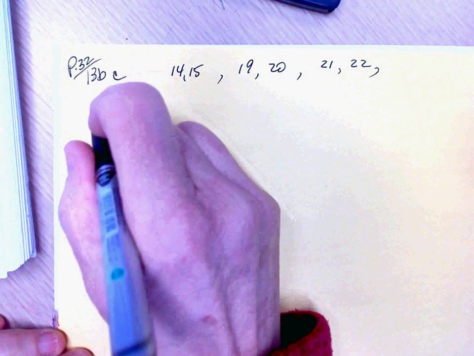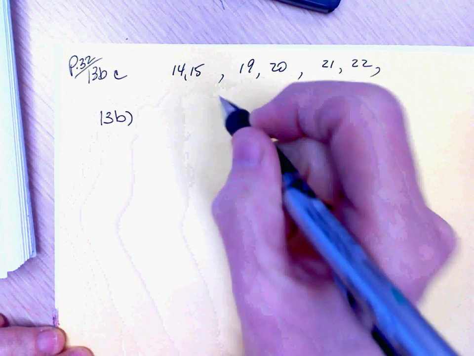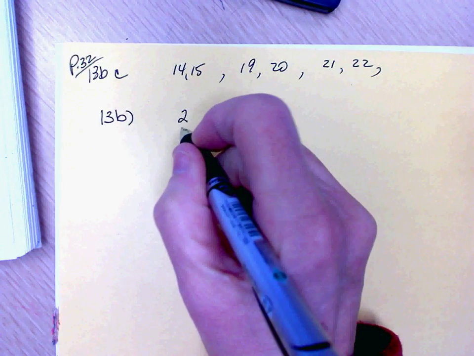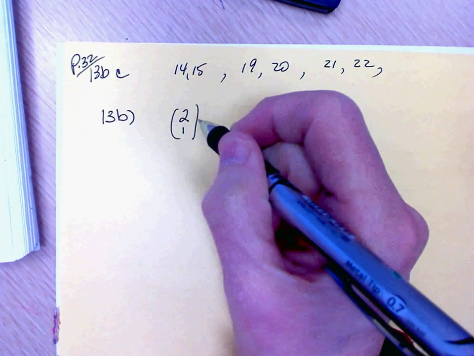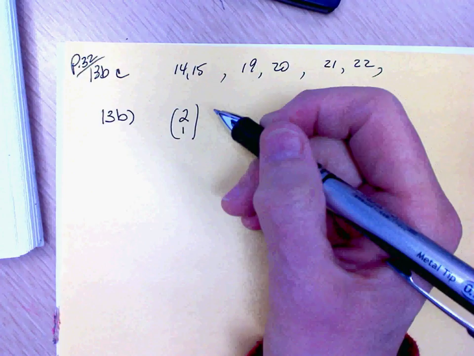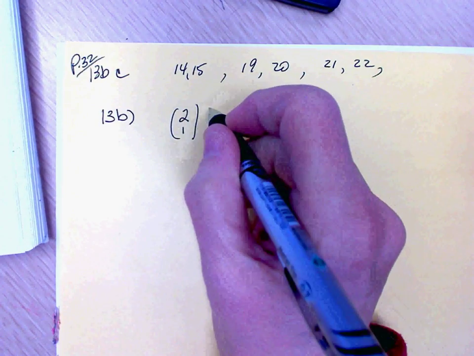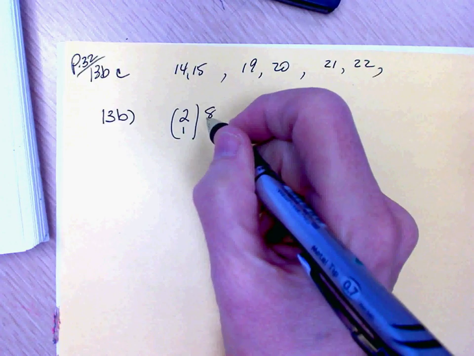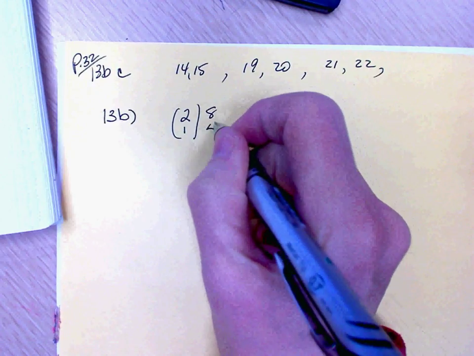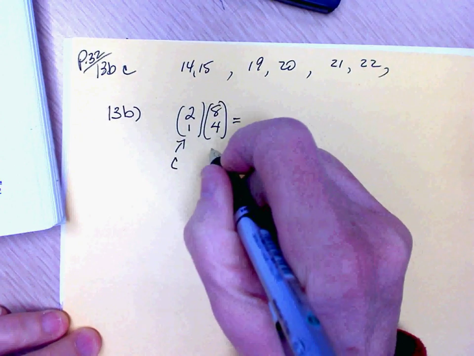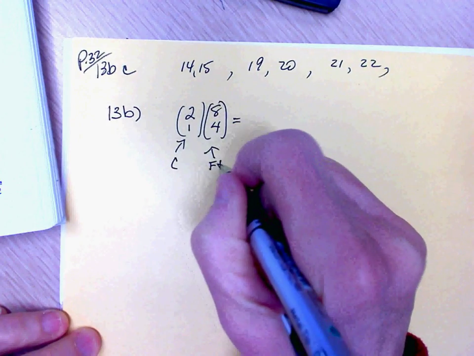So in 13B, out of the 2 people who can play center, we're going to choose 1. And they only play center, so they can't play forward or guard. Then there's 8 others who can play any of the other 2 positions. So this is your center, and this is forwards and guards.